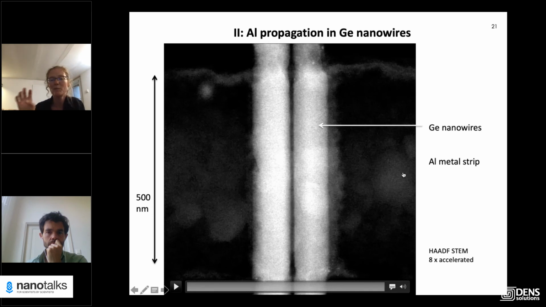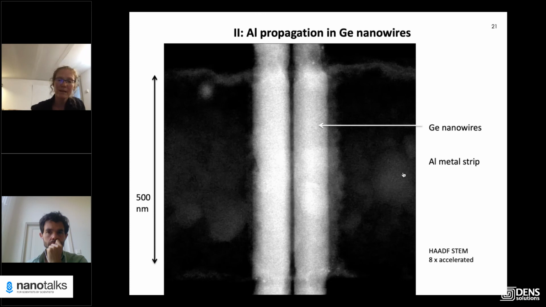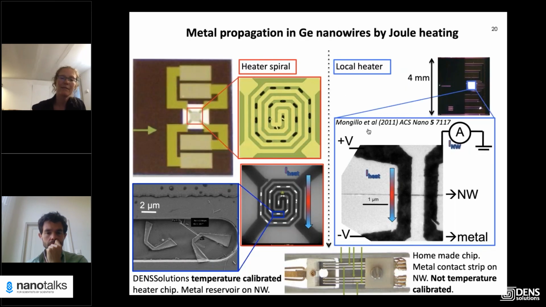So it's super local. It's more local than the heating on the dense chip, because, let me go back in this slide, for the dense chip you have this spiral. So this whole part here in the center is heated, while in what we call local direct Joule heating, you mostly heat this part of the strip.